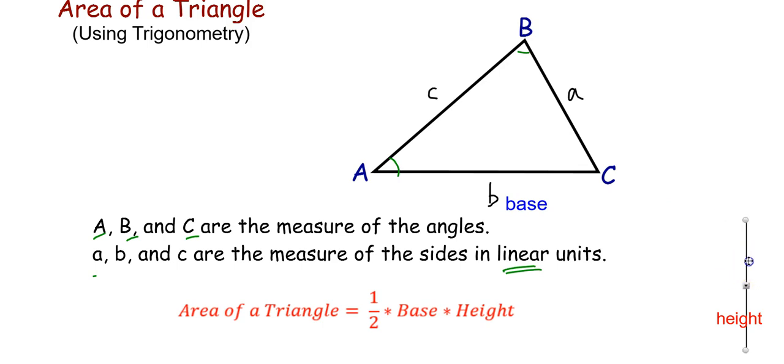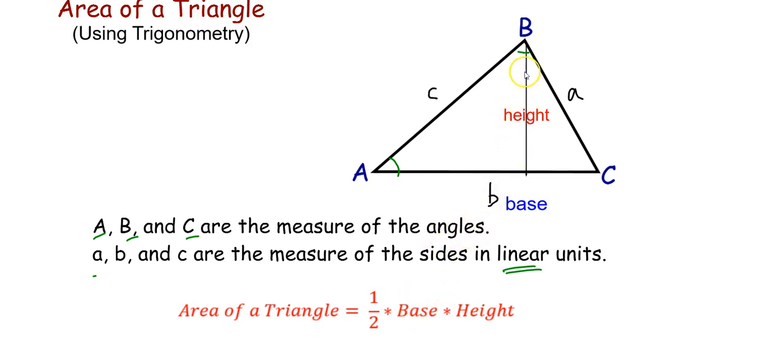If you know the corresponding height for this base, when I draw a perpendicular, that is the height. Multiplying these two lengths, the base and the height, and dividing by 2 gives me the area.